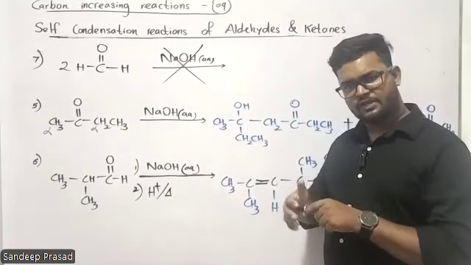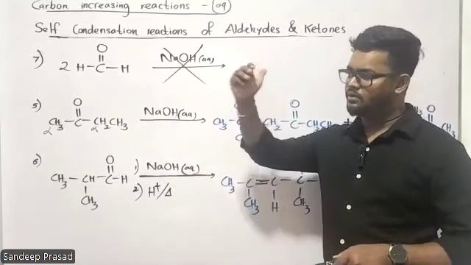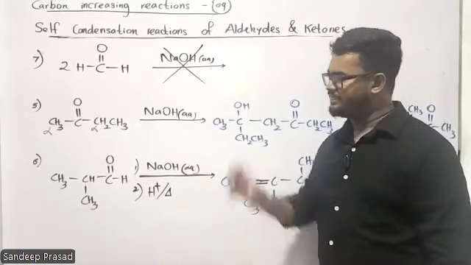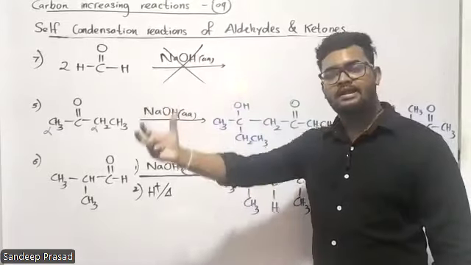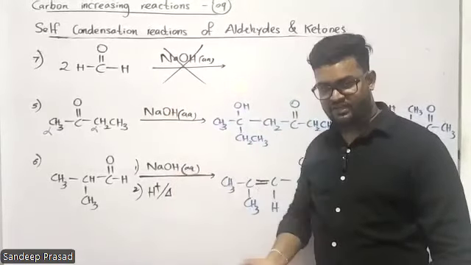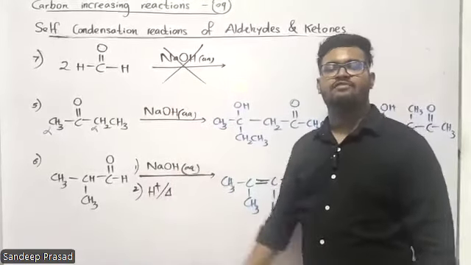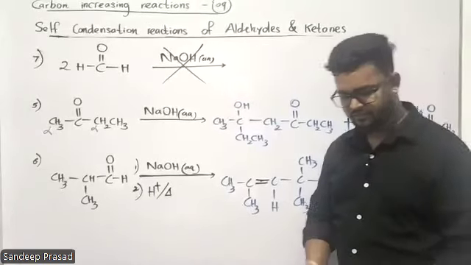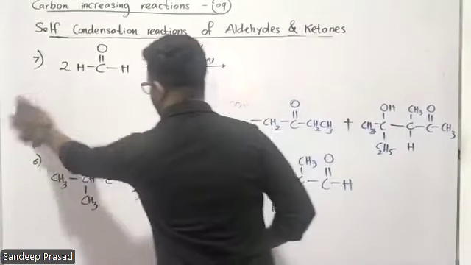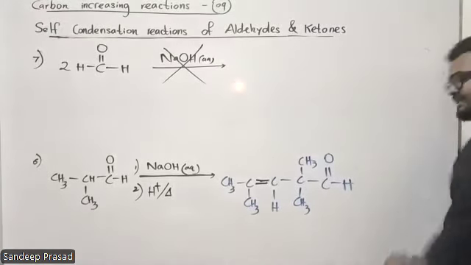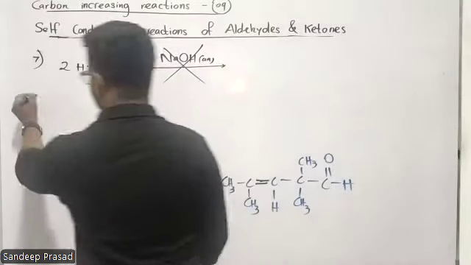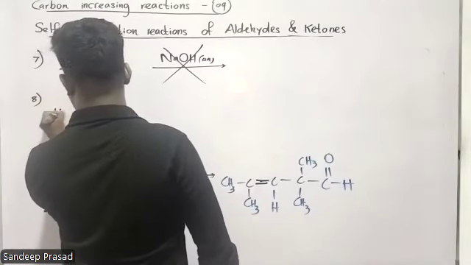Remember, students, there is a condition. If a methanal molecule wants to undergo a condensation reaction, it should be connected to another aldehyde or ketone which has an alpha carbon with alpha hydrogen. For example, just imagine we have methanal and ethanal both added in a reaction medium.